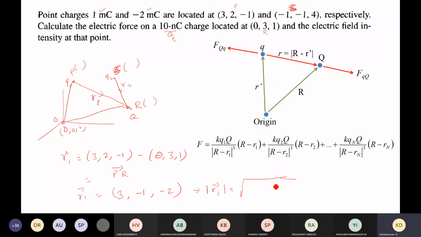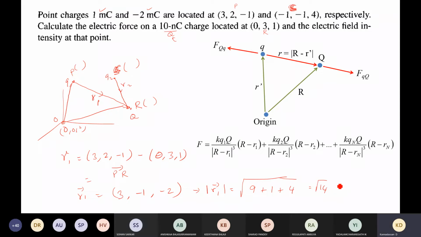Yes, sir. Root 14. Okay, so how did you calculate? 3 square plus 1 minus 1 square plus minus 2 square. Okay, so that is nothing but 9 plus 1 plus 4, which is nothing but root of 14.